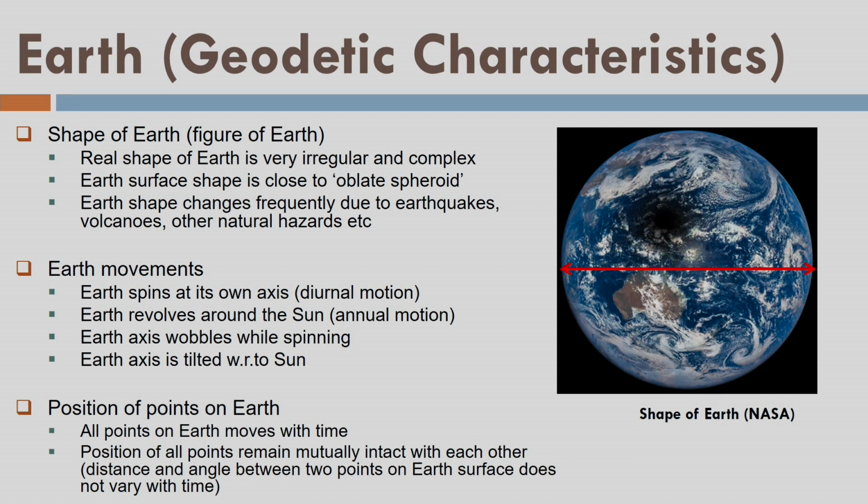If you see, the Earth's surface is close to an oblate spheroid. What does it mean? I am showing you a red mark here. The red mark shows the diameter of the Earth, which is different from the diameter at the poles, and the difference is approximately 50 kilometers in diameter, or approximately 25 kilometers in radius. What does it mean? I cannot assume it to be a sphere. I should consider some other shape, and the appropriate shape is the oblate spheroid or ellipsoid.